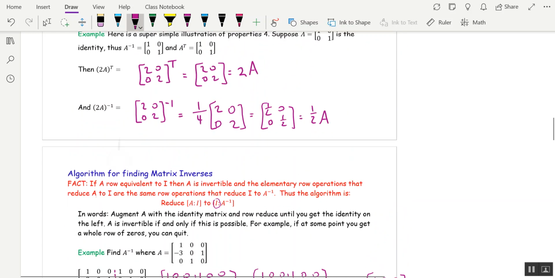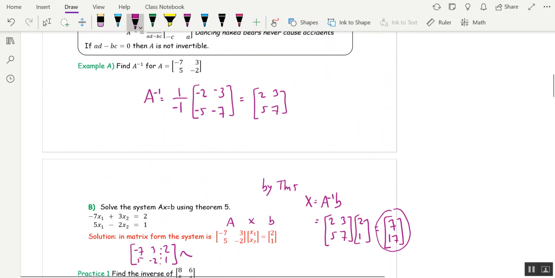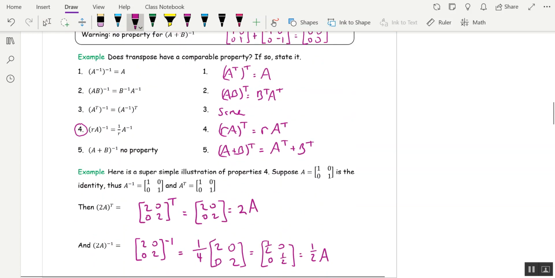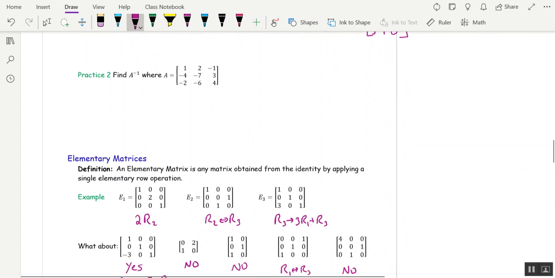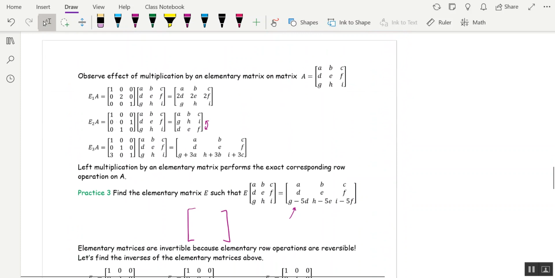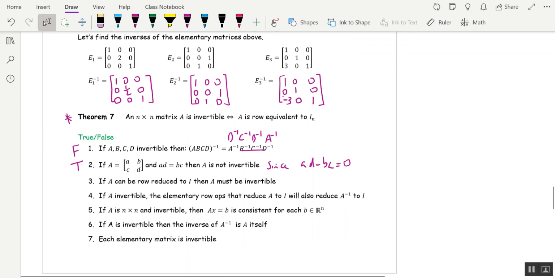That was the condition for which A was not invertible. Let me find it. There we go. If AD minus BC is 0, then A is not invertible. And later on, we'll find the determinants of larger matrices, 3 by 3, and we'll see that that property extends. If the determinant is 0, the matrix is not invertible.